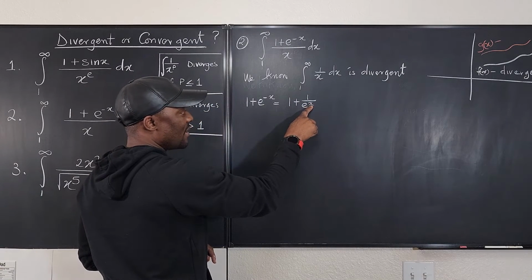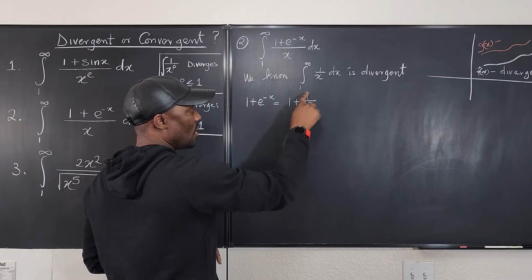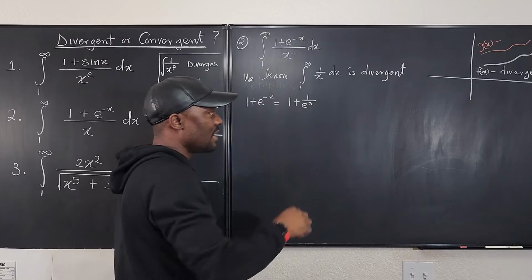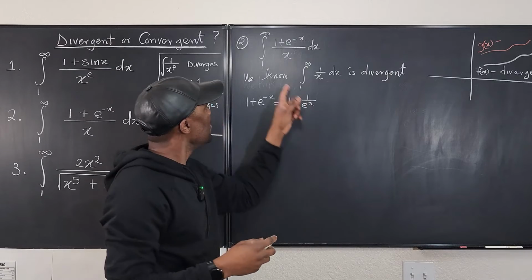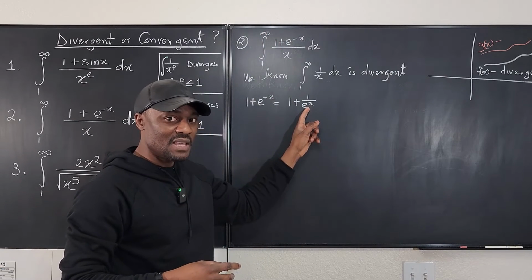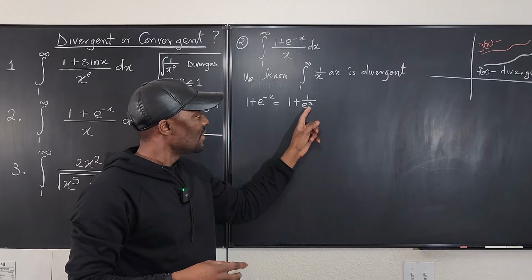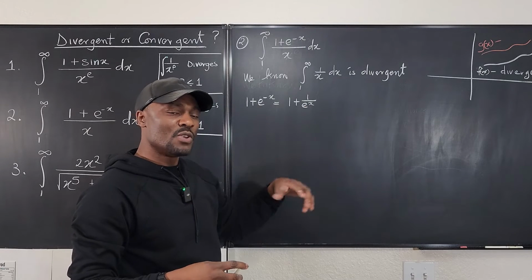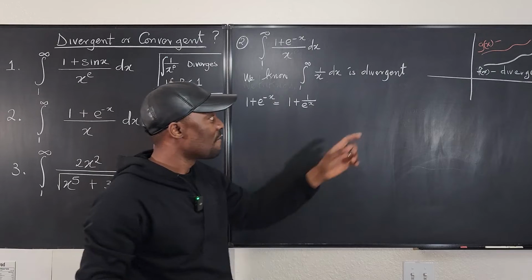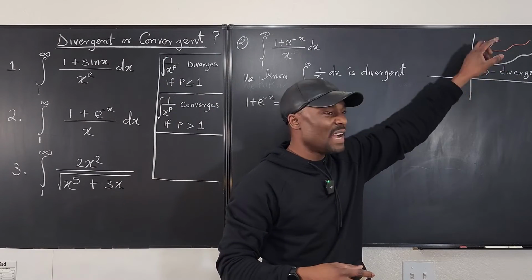As x gets bigger and bigger, this gets smaller and smaller. And the smallest value this can have is 1. Remember, we're going from 1 to infinity. So the biggest that this can be is, actually we shouldn't be looking for the biggest value of this expression. We should be looking for the smallest, because we're looking for a greater than.